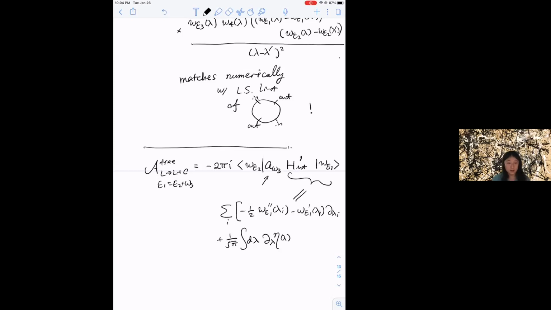This is how we define the collective field, as the derivative of the collective field with respect to lambda is the fluctuation of the eigenvalue density, then multiplied by WE1 of lambda I minus WE1 of lambda over lambda I minus lambda squared. Then times the ground state wave function of the singlet sector times I summed over I.